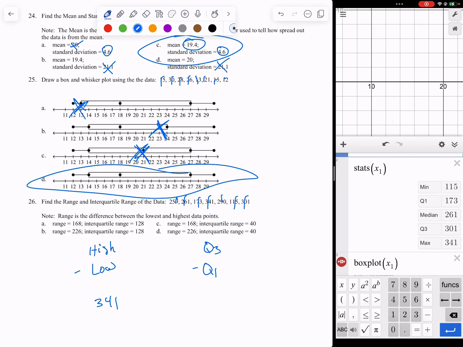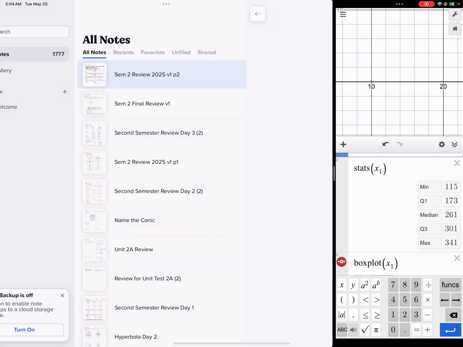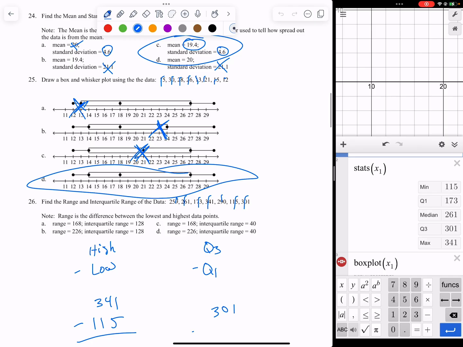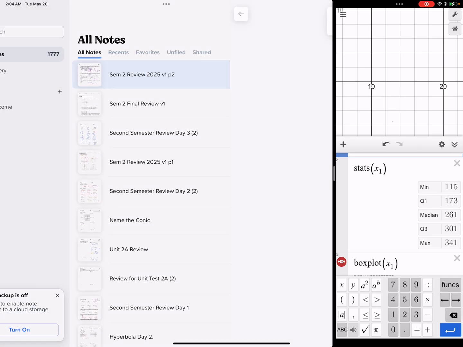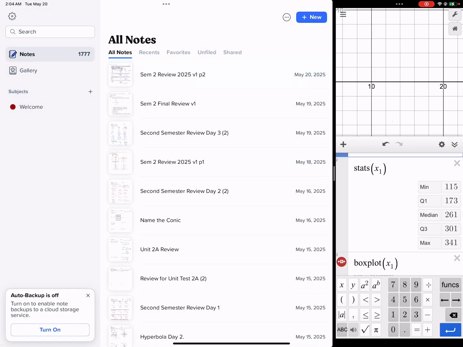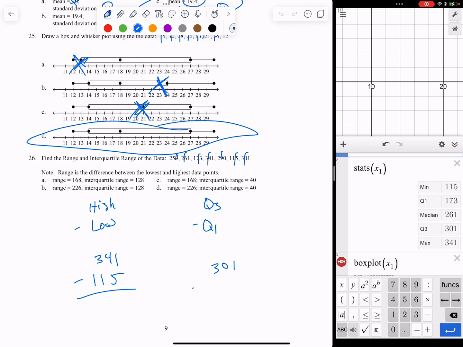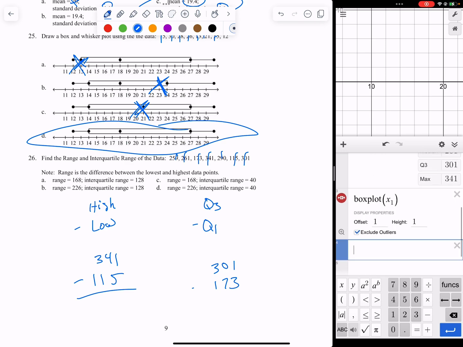So this is 341 minus 115, and 301 minus 173. 341 minus 115 is 226.